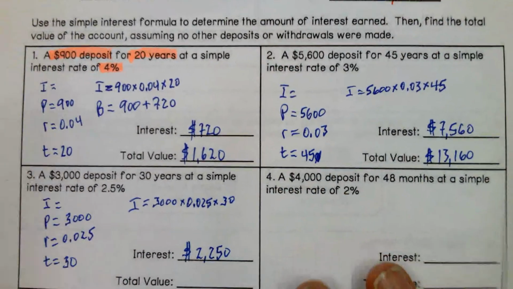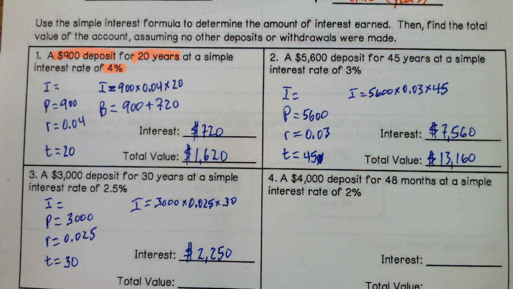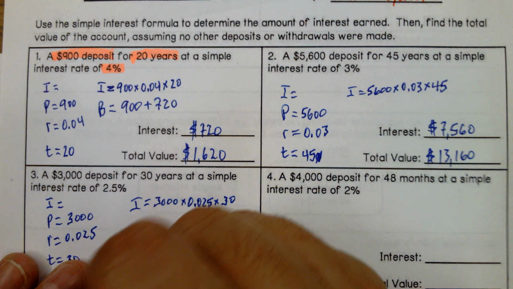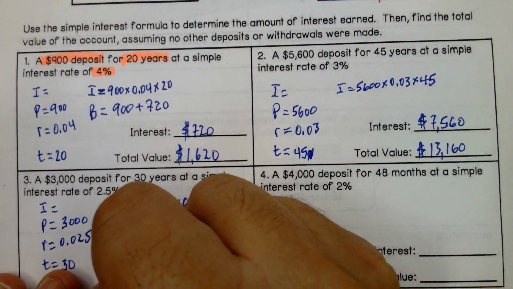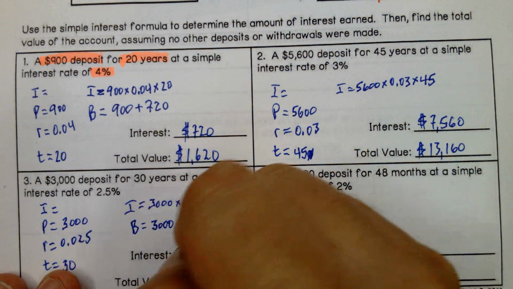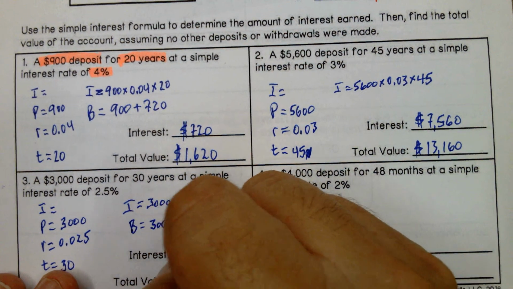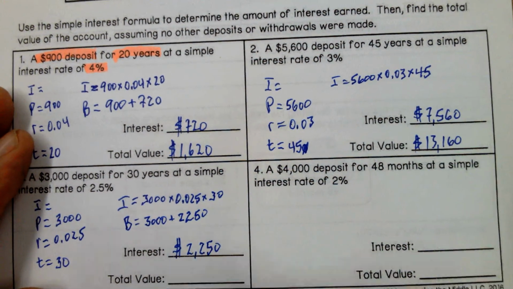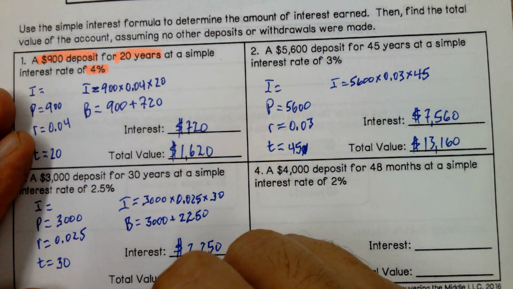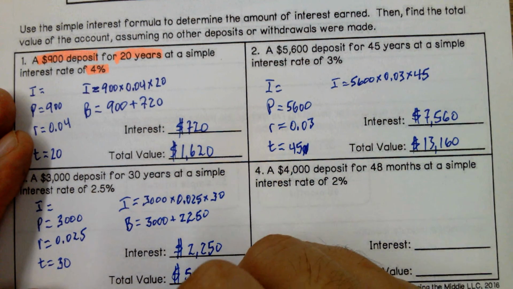Okay, so hopefully we figured out that the interest earned was $2,250. Okay, so let's find the balance. We're going to take the 3,000 and add 2,250, and so that's 5,250.